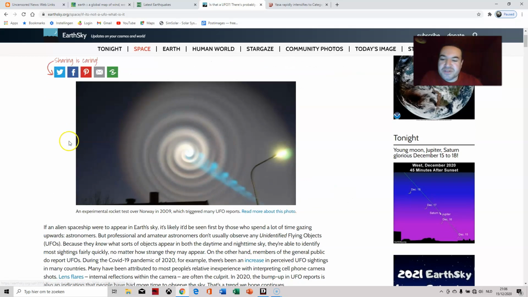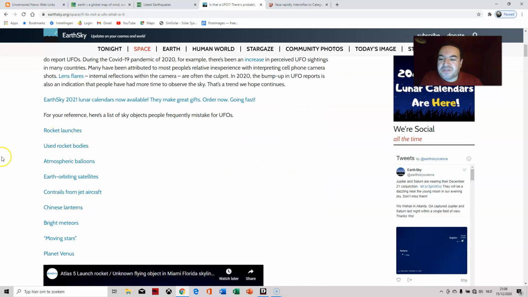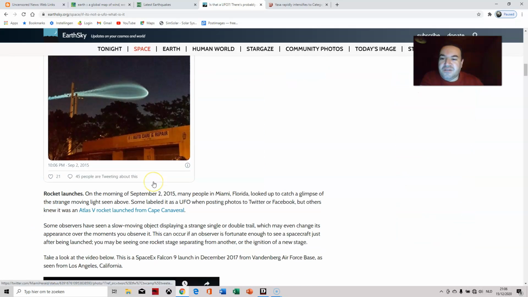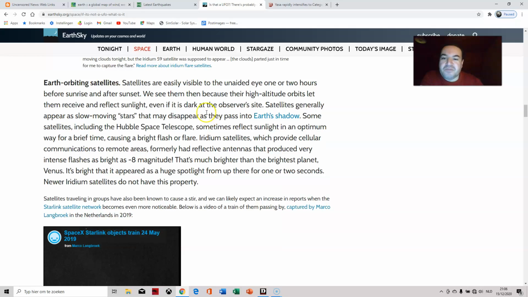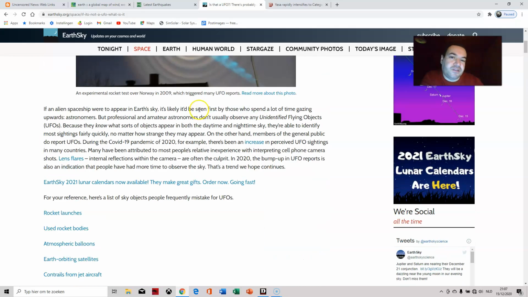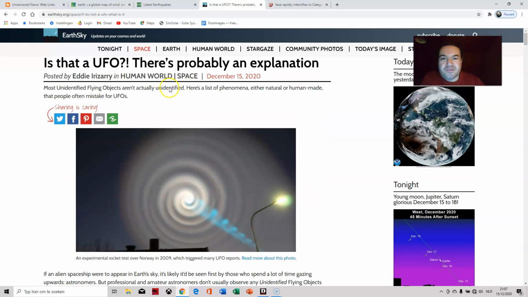And it is interesting to see different types of events, which may at first make you believe that you have seen a UFO when in reality it has an explanation. But like I said, I do believe that they exist, and that they visit our planet regularly. But most things people see are often other things that have an explanation. So if you find this interesting, just check the description box. I will leave a link of this article and you can read it at your leisure.